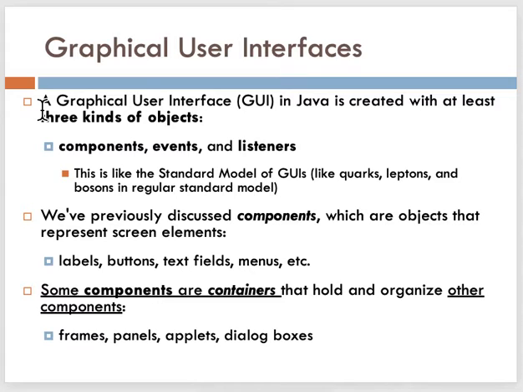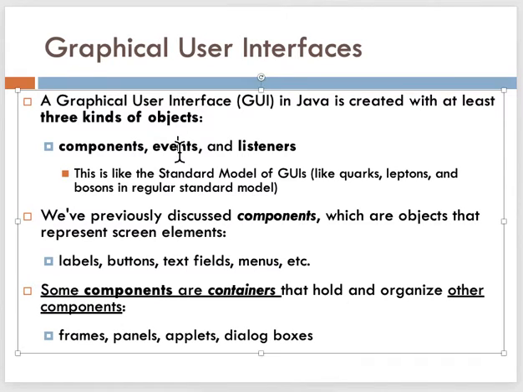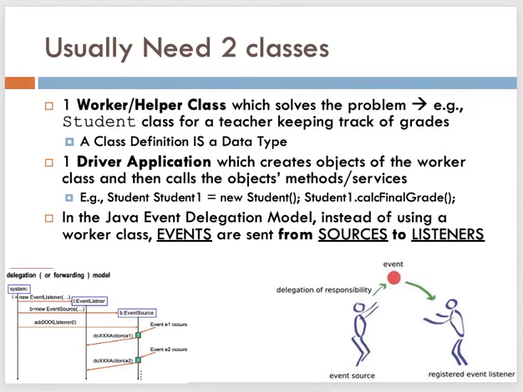The kinds of container objects or classes that we see are frames and panels and dialog boxes and applets. And the kinds of components they hold are things like buttons and labels and text fields, as well as other panels. They can hold other panels as well. So this is what we've discussed so far. We've seen components. Let's now delve into what these events and listeners are and how we can use them.